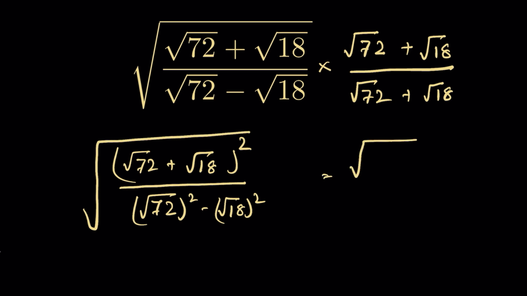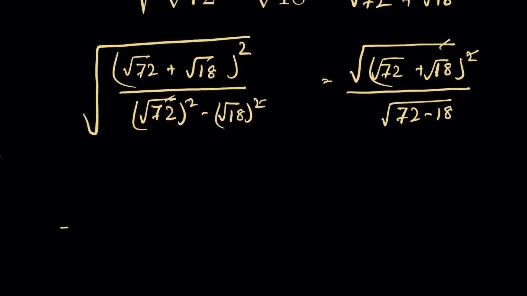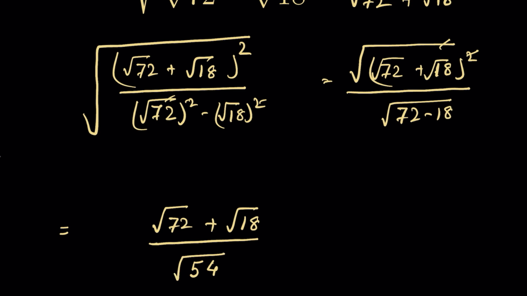Again we can write it as square root of 72 plus square root of 18 whole square under square root upon 72 minus 18 under square root. We remove the square root with the square. So this is equal to square root of 72 plus square root of 18 upon 72 minus 18, which is 54, under square root.